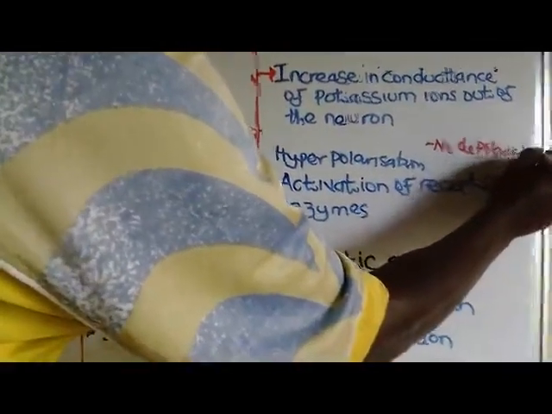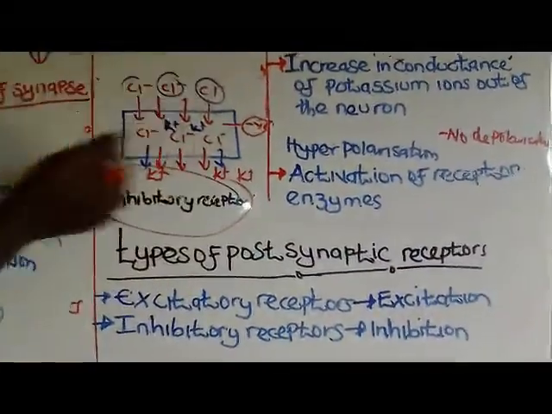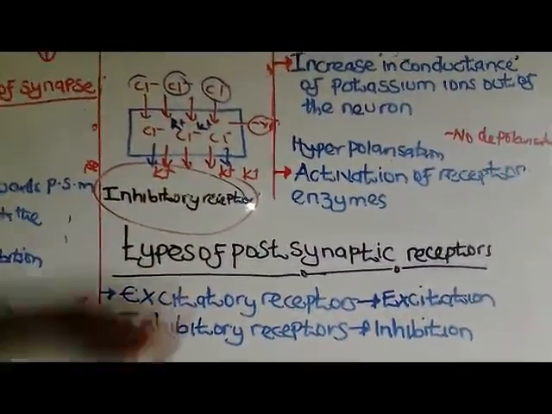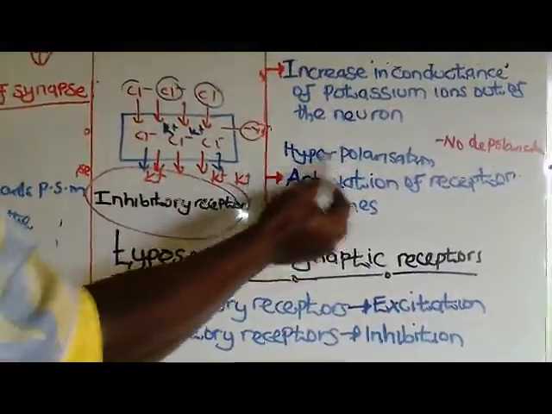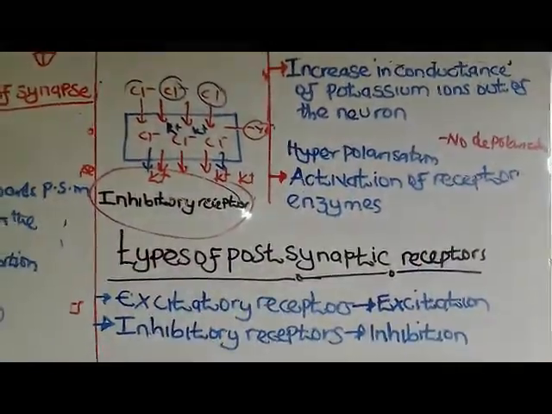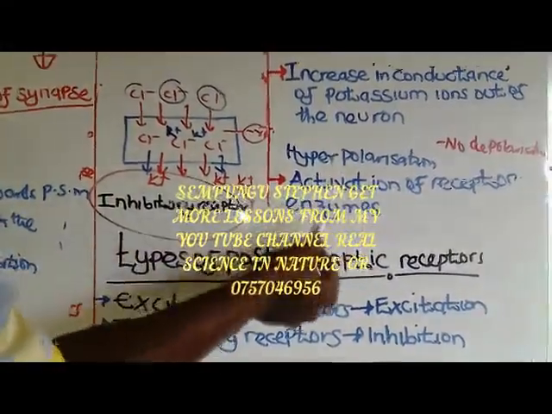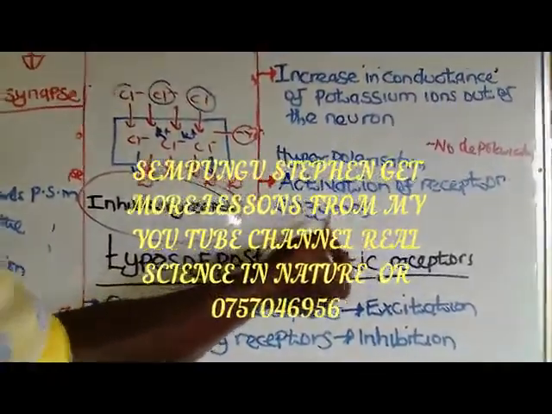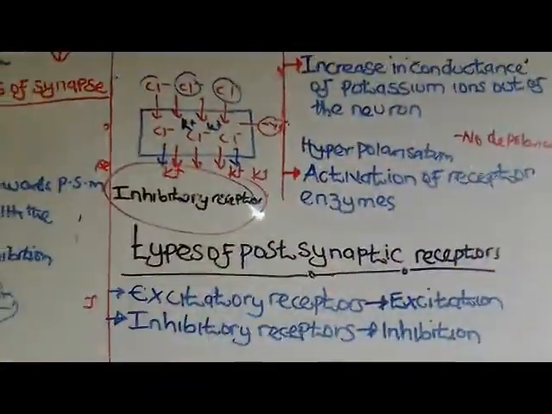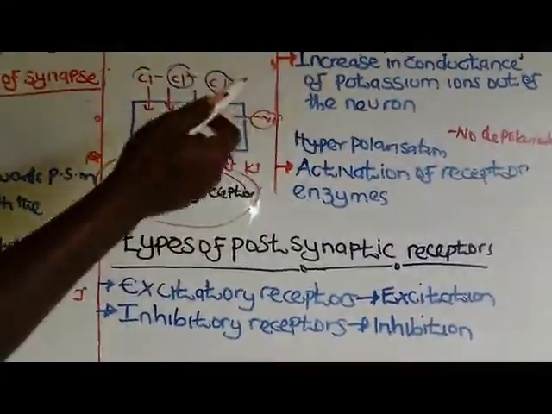And once there is no depolarization, there is no way the action potential can move downwards. In addition to that, there are changes in the metabolism of the postsynaptic neuron as a result of the activation of the receptor enzymes. This also adds to what we are calling inhibition.